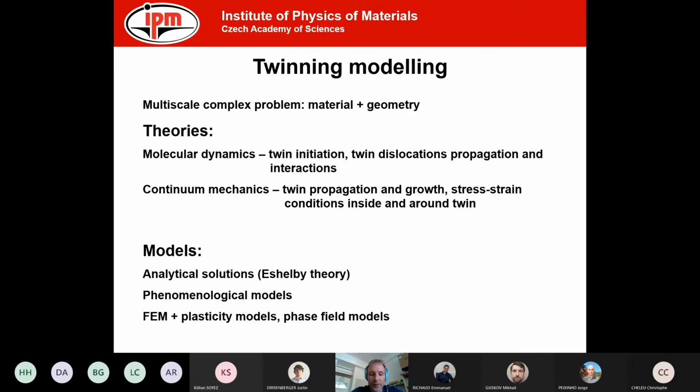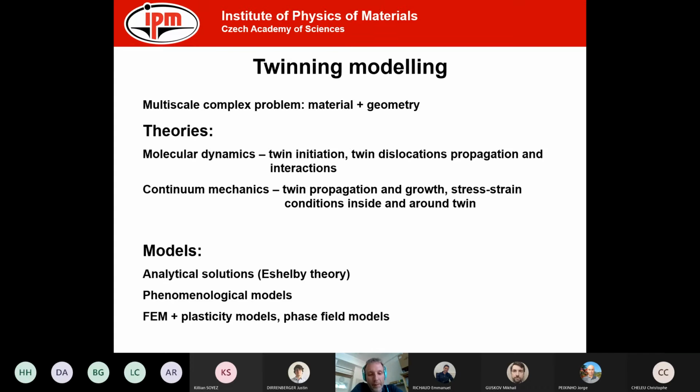The models that are used at the beginning, of course, let's say the simplest ones, are the analytical models that are based mostly on Eshelby theory of inclusion. Then the combination of these models with some experimental measurements, you can derive phenomenological models, which means that you usually use this analytical solution and tune them with some constants that are derived from experiments.